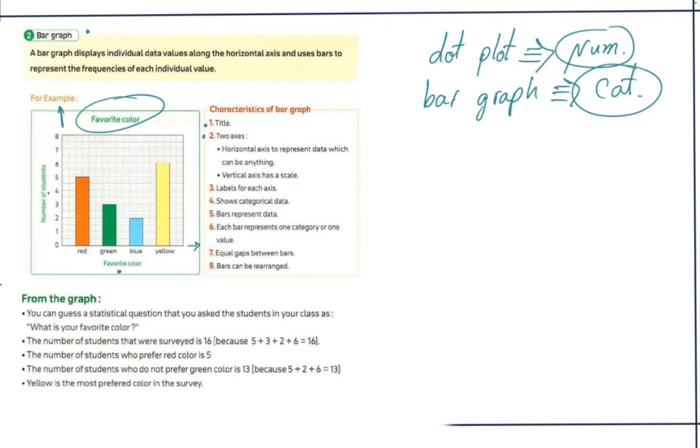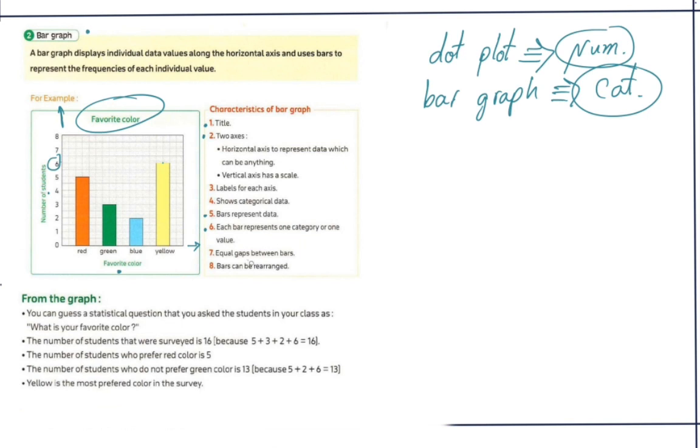Next one, bars represent data. How many students like yellow? From here I can go across, and we find 6 students, and so on. Each bar represents one category or one value.